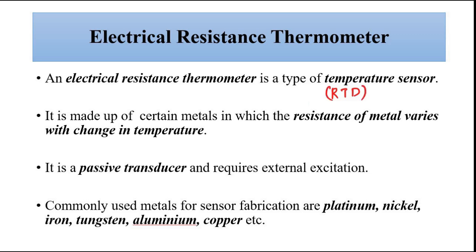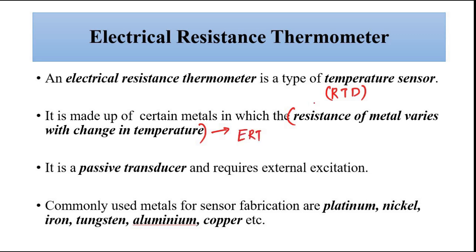Here we select certain metals which have the property that their resistance varies with change in temperature, and this property is utilized as the main sensing property in the electrical resistance thermometer.